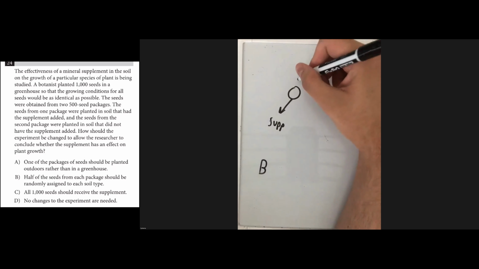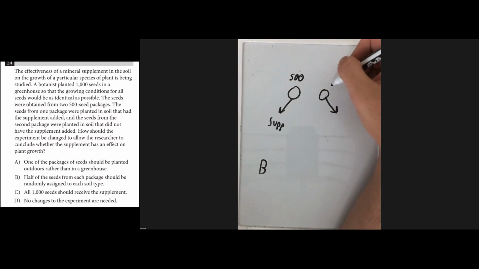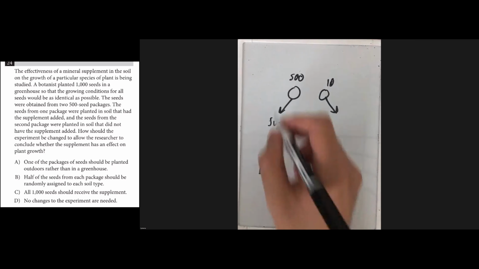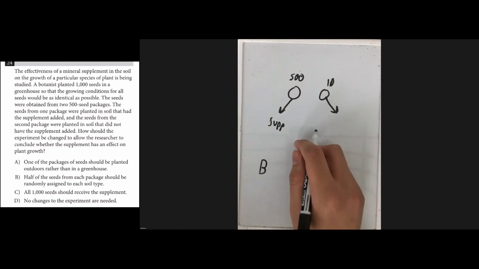So this seed packet could be like, I don't know, 500 years old, and the other seed packet could be like 10 years old. And we have no way of telling that. And so the only way she'd be able to draw a conclusion is if she uses half the seeds from each packet. So this is a statistics-based question. It's not really much math, I guess.